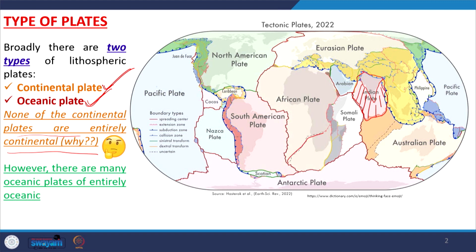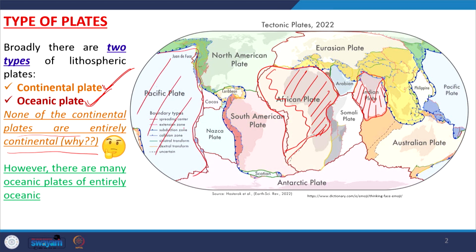This boundary is lying here, and here this part represents the continental side and this part is the oceanic side. However, if I talk about an oceanic plate, for example the Pacific plate here, you see the Pacific plate is entirely composed of ocean. Similarly, this side is entirely composed of ocean.